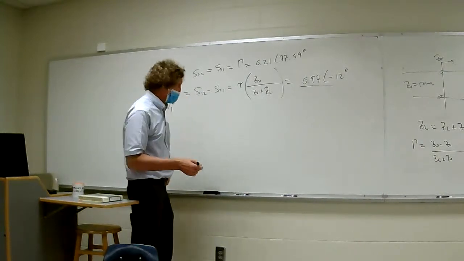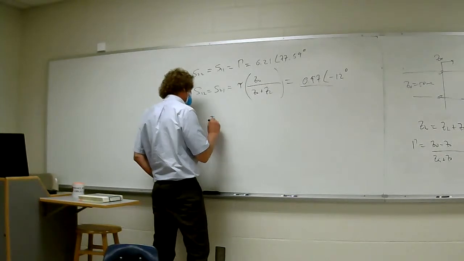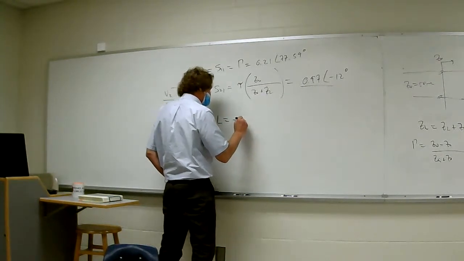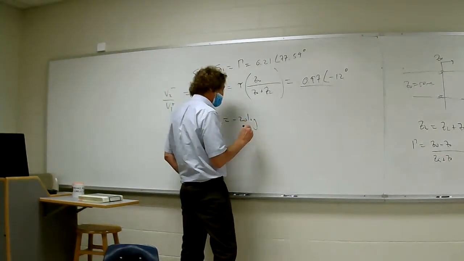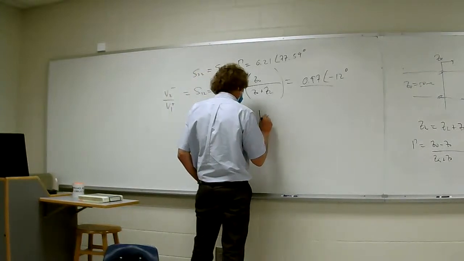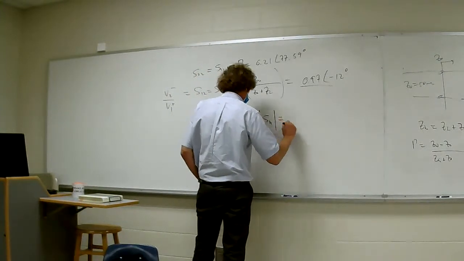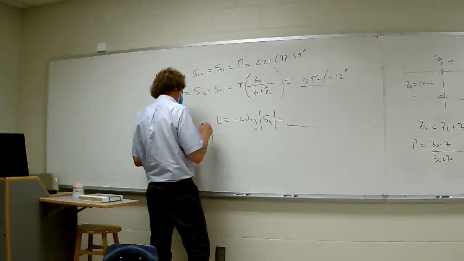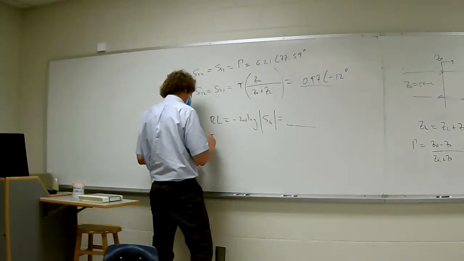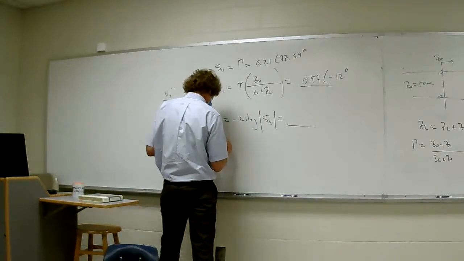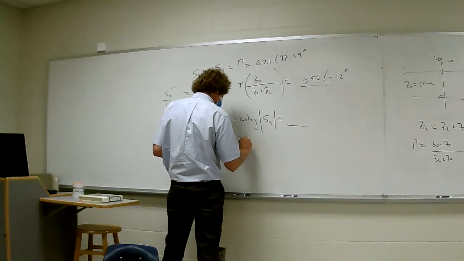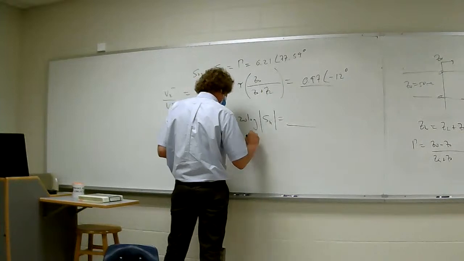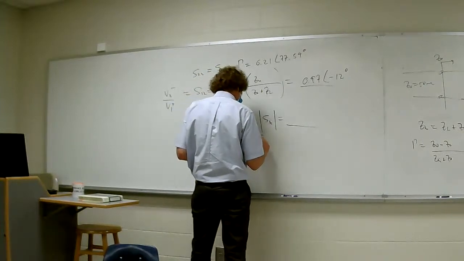Then you get the return loss, and that's minus 20 times the log base 10 of the magnitude of S11. Then the insertion loss is equal to minus 20 times the log base 10 of the magnitude of S21.